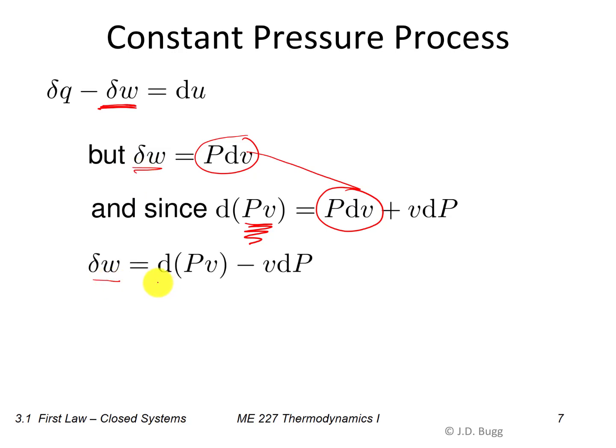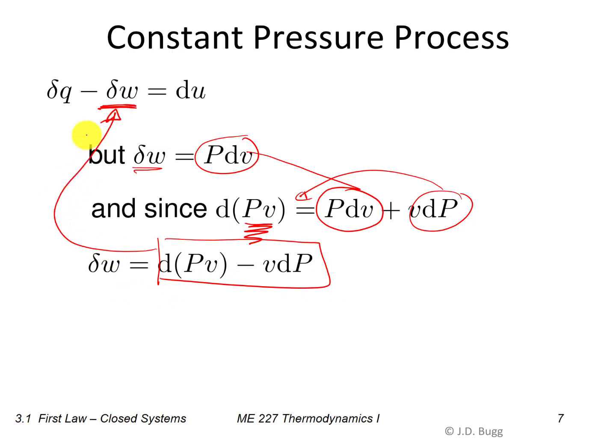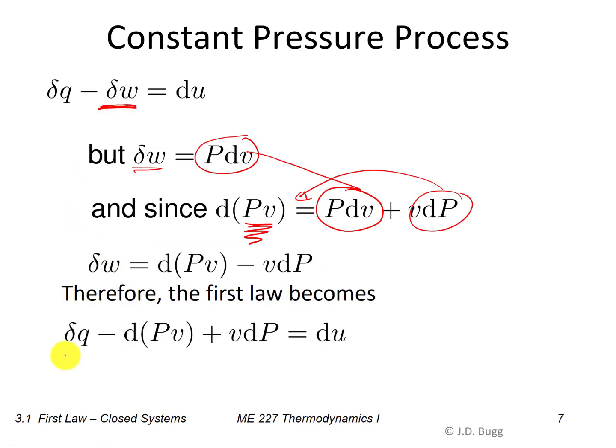Delta W is d(PV) minus V dP, just moving this over to the other side. Okay, so what we're going to do next is take this and put it in there. So our first law becomes delta Q minus d(PV) plus V dP equals dU. So we've just replaced the work with these two terms.